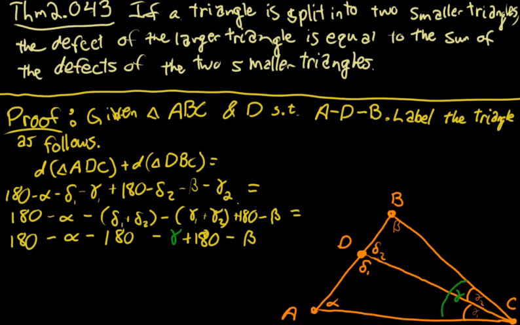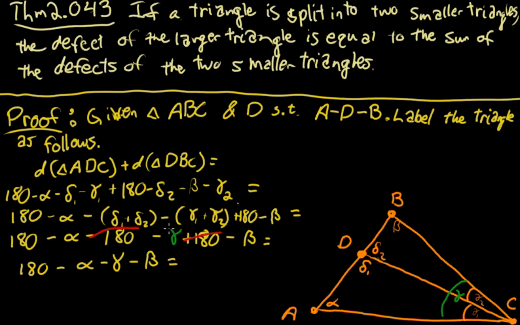Well, I have a minus 180 and a plus 180, so I can cancel those out. So that's then equal to 180 minus alpha minus gamma minus beta.